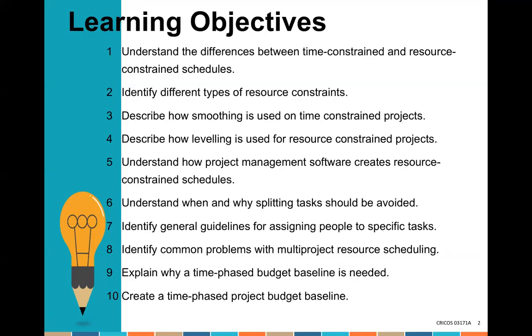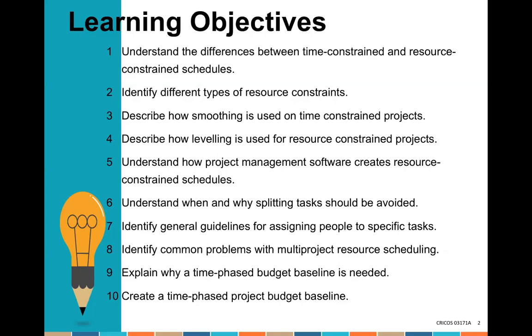We talk about resource leveling, which is when we have a resource constrained project. If we don't have so many people or equipment, what would we do? We would ensure everybody is only working 8 hours a day and extend the due date of that project.